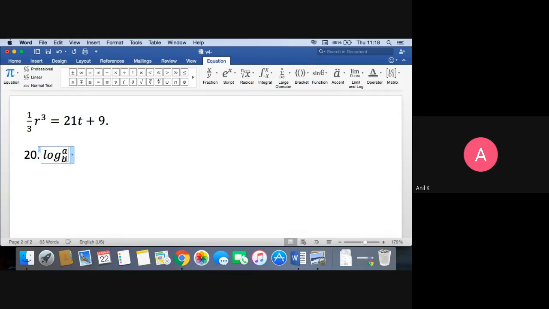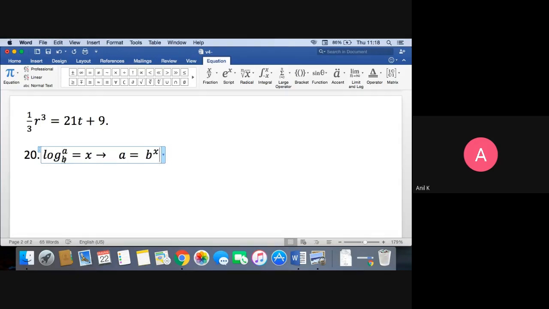If log a to the base b equals some x, then the same thing I can rewrite in a different way: a equals b to the power of x. This is the logarithmic formula which we already studied once. I don't know whether you remember or not.